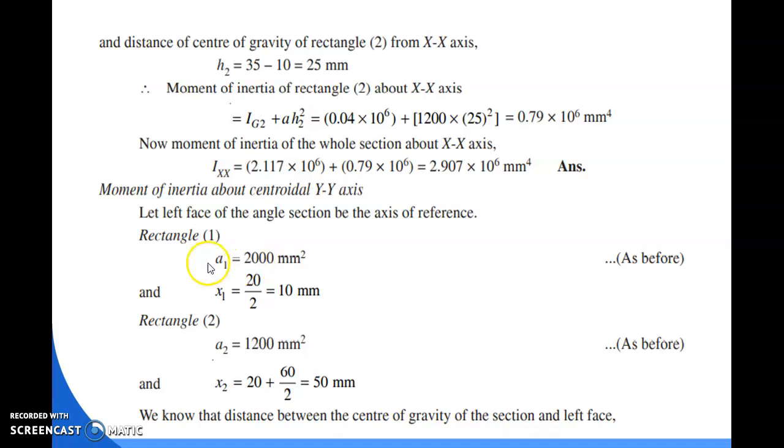Here for section 1, the area will be the same as for the x-axis, so the area is equal to 2000 mm square, and the center of gravity of section 1 is equal to 20 by 2, which is 10 mm. Similarly, for section 2, the area will be 1200 mm square and the center of gravity of section 2 with respect to the reference line is equal to 20 plus 60 by 2, which is equal to 50 mm.